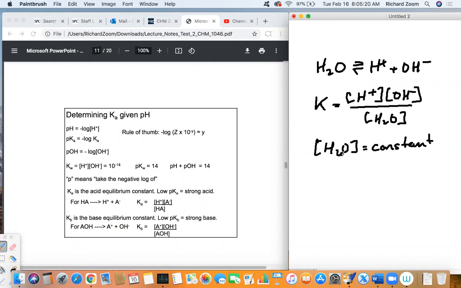If you look at the units for concentration, it'll be moles per liter. And if we know we've got 1 liter of water, that's about 1,000 grams of water, which happens to be around about 55.5 or 55.6 moles.